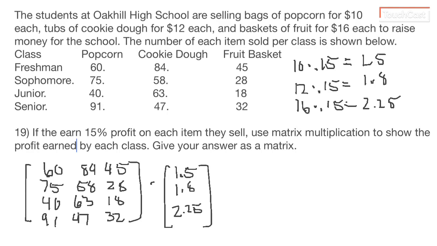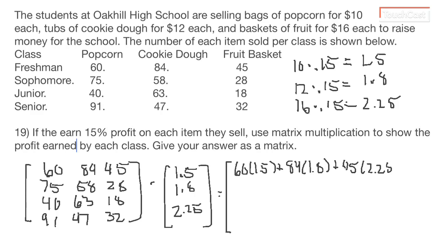Now if we do that, we're going to take the first row and we're going to multiply it by that matrix. We're going to have 60 times 1.5 plus 84 times 1.8 plus 45 times 2.25.